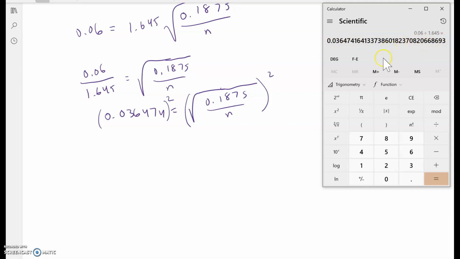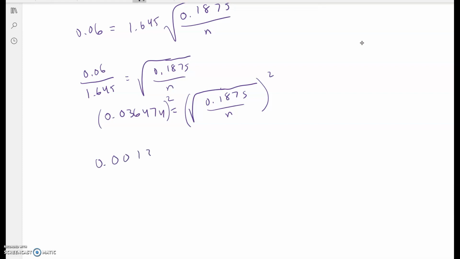Most calculators have a square button. So just click the square button. And there it is, 0.00133, etc. So I'll just round it to 0.00133. Probably good enough. And then the square and square root cancel out. So 0.1875 divided by n.